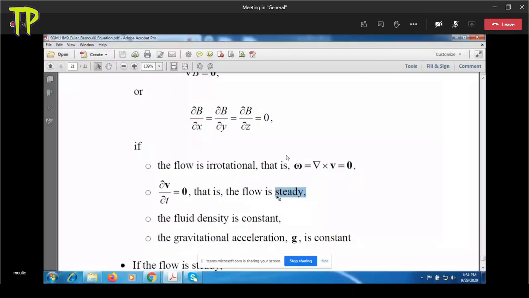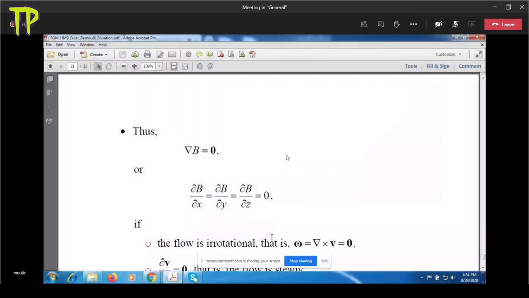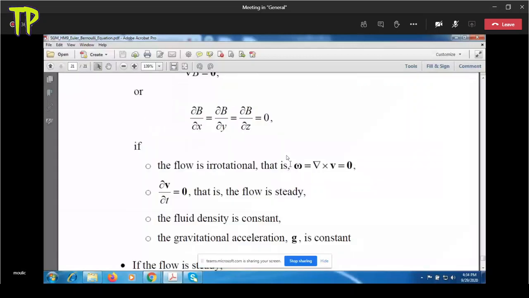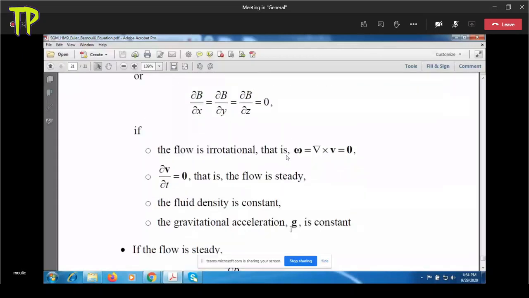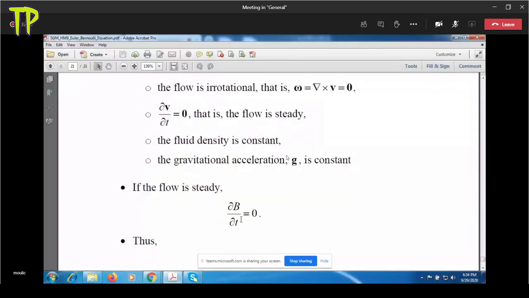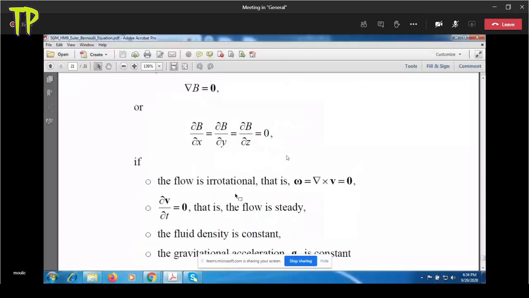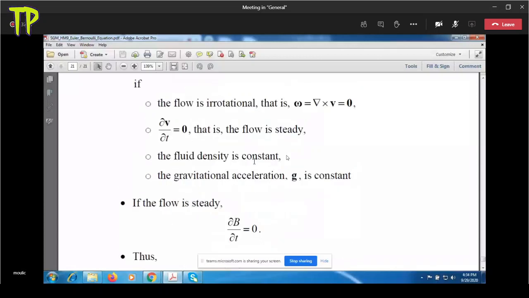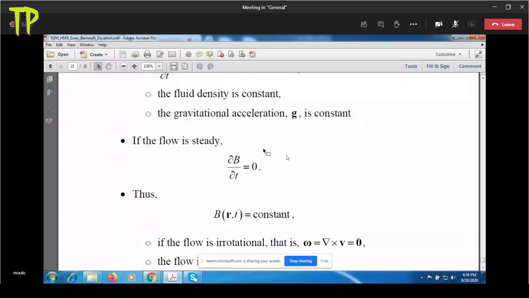And the other two conditions are coming because this equation, as I said, is for the case when density is constant and the gravitational acceleration is constant. Now, if the flow is steady, then del del t of B will also be 0 at a given point. So if B doesn't vary with x, y, z and B doesn't vary with time, then B is a constant. So the function B, which could in general depend on position as well as time, will be a constant.